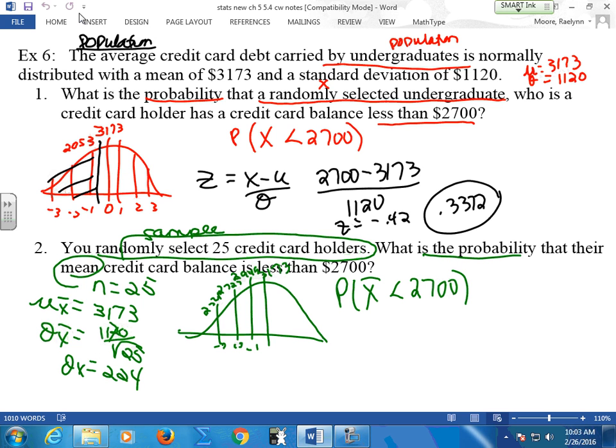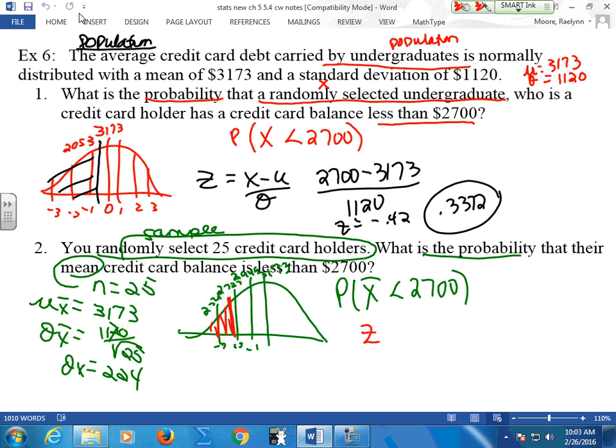Look where I am now. My 2700 is now over here somewhere. So tell me, give me a guesstimate of what you think that probability would be. Would it be smaller than 34% or larger than 34%? Smaller. Okay? Because this has an opposite effect when it comes to the positive side.